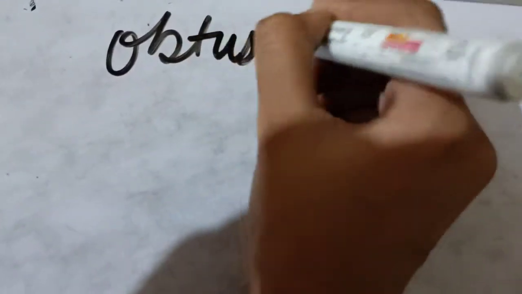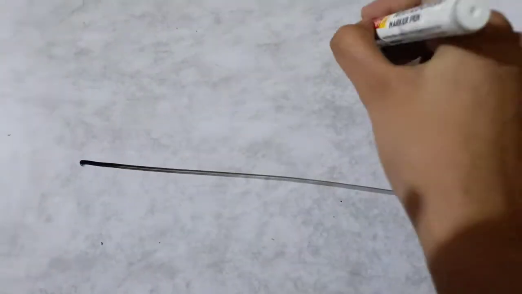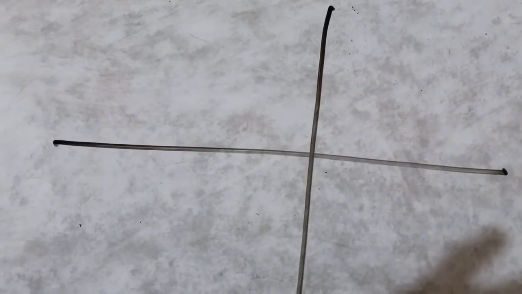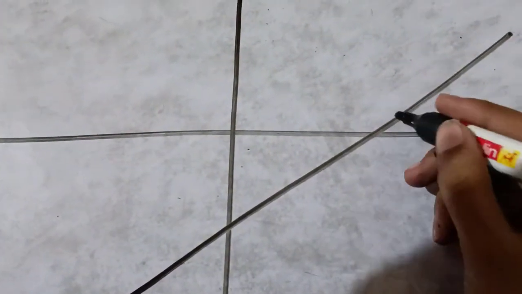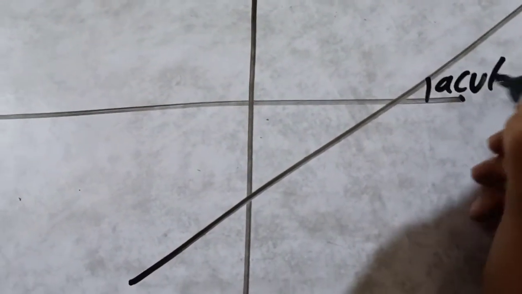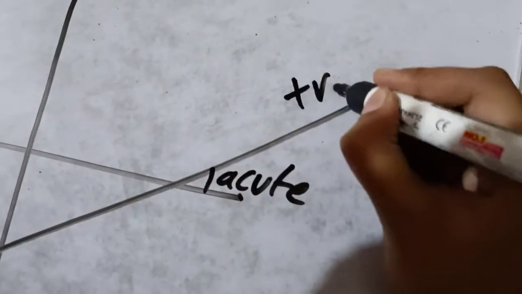So first of all, understand why the slope comes out negative when the angle is obtuse. In simple words, many people say that when the line is on the right side, that means when the angle is acute, your slope will always be positive.